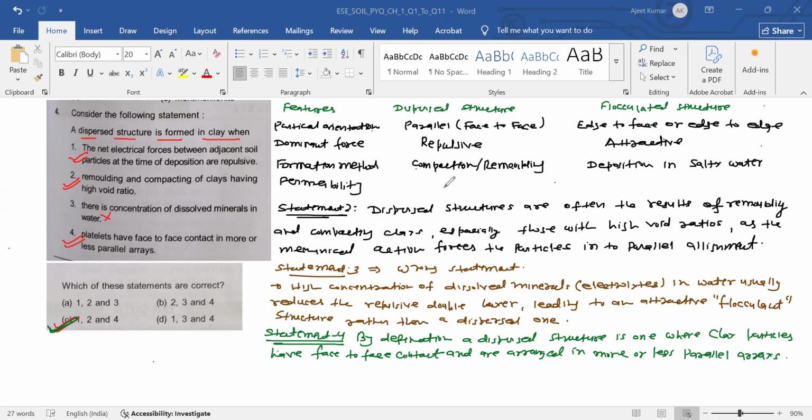The next is permeability. In case of dispersed structure it is low, and in case of flocculent structure it is high.